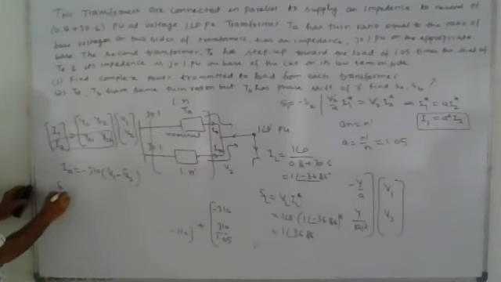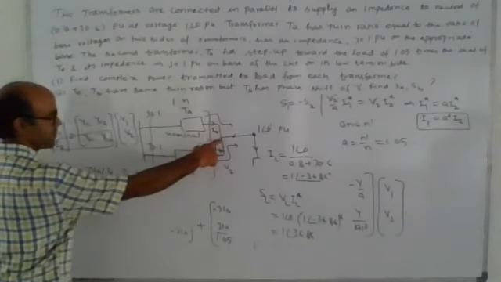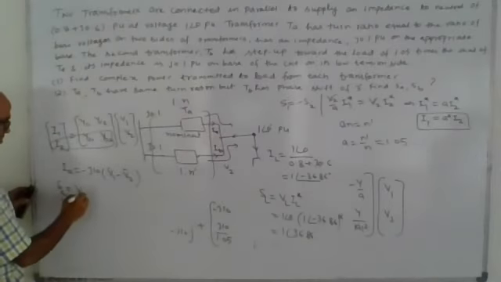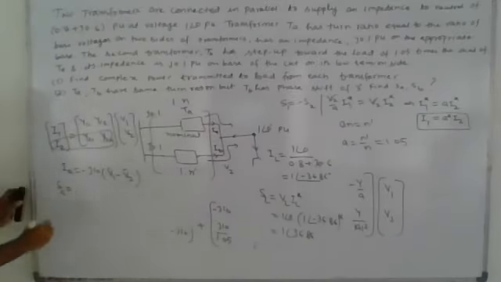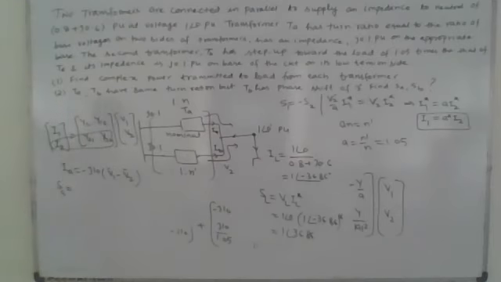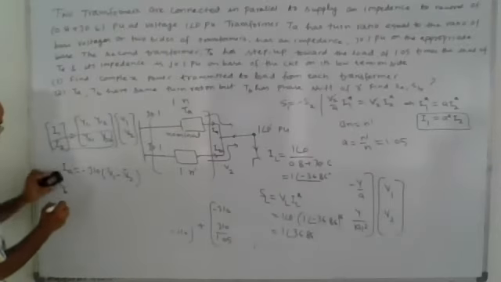Then you can find SA. SA is what? This terminal voltage into IA conjugate. Right? So if you are doing it, then first you have to find the current, then SB, current IB also you have to find.